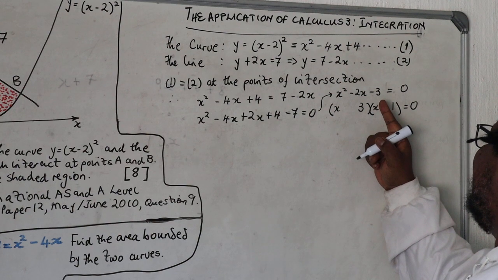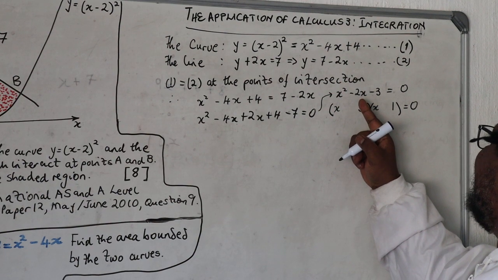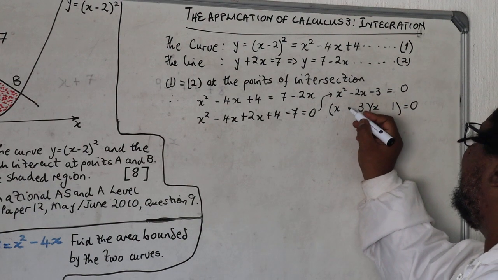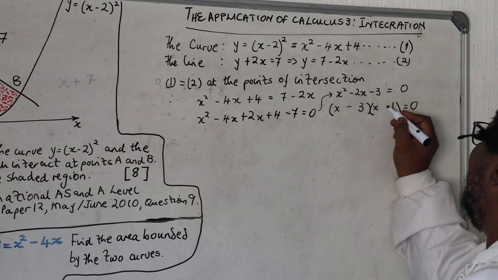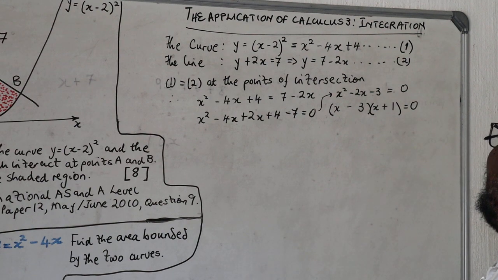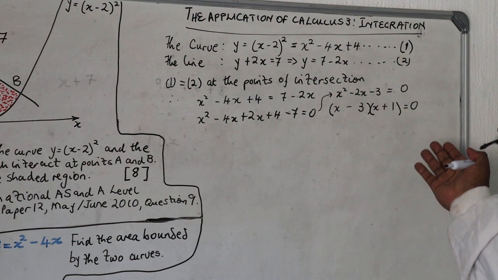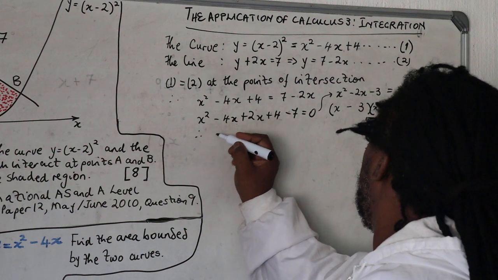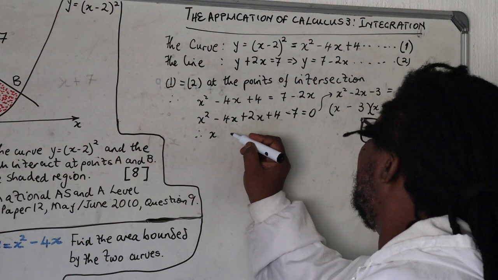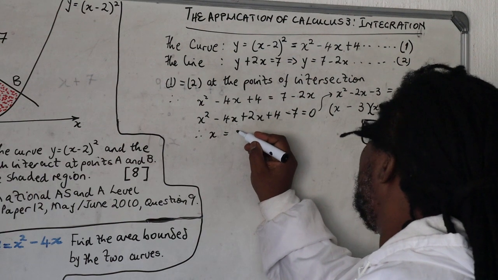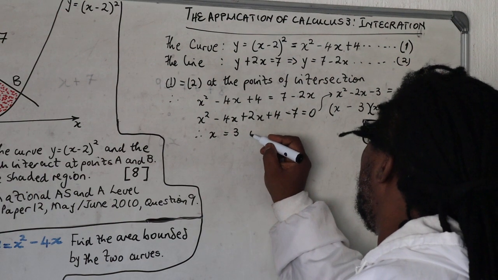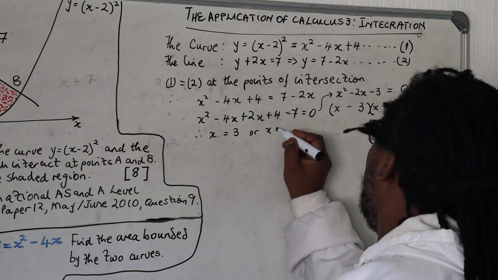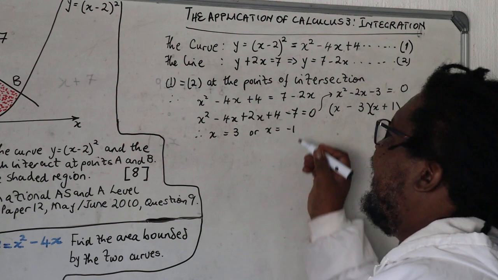We have a minus 3 there and a minus 2. That means we are subtracting the larger number from the smaller one. So we have a minus at 3 and a plus at 1. Once we have done that, we can solve. So therefore, we have x is equal to 3, or x is equal to minus 1.